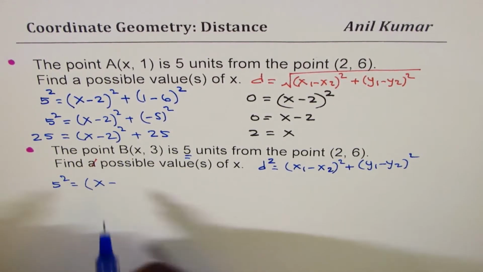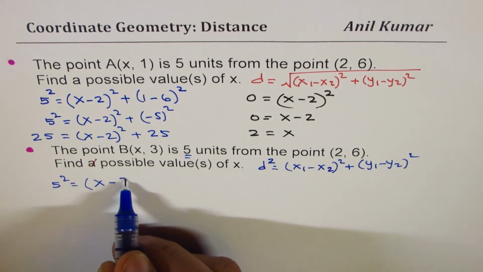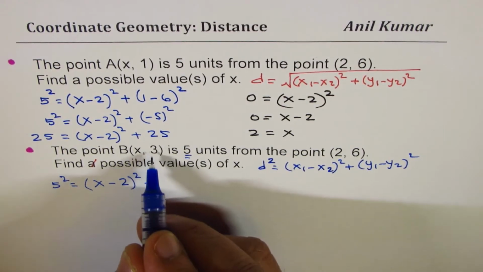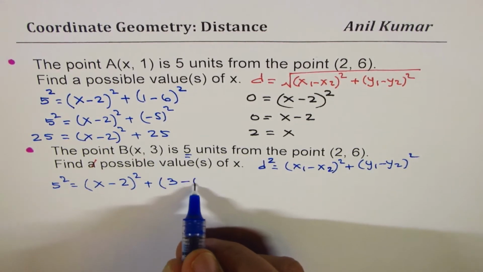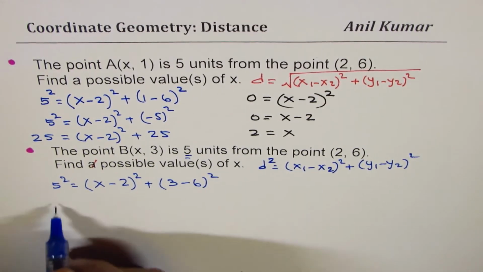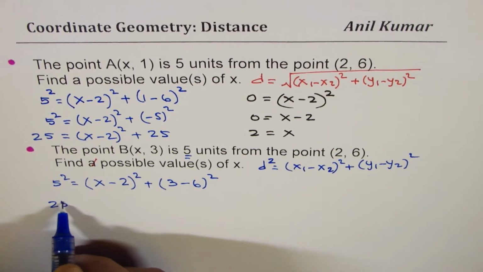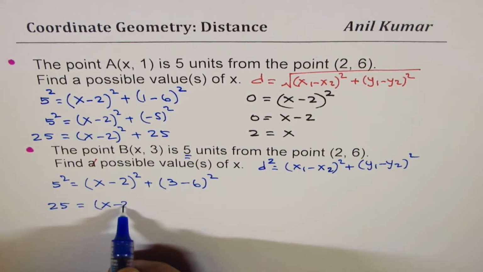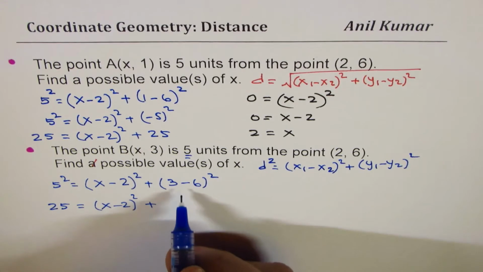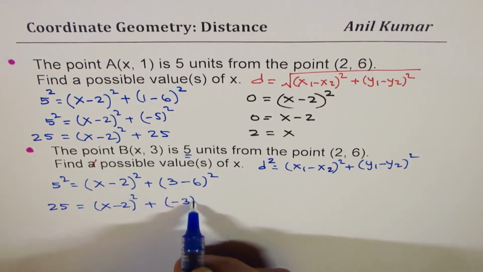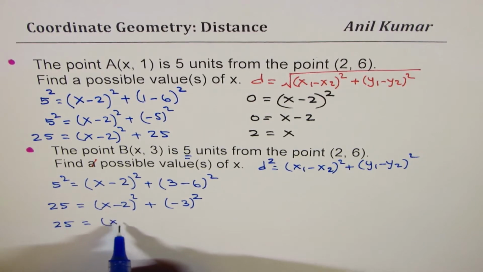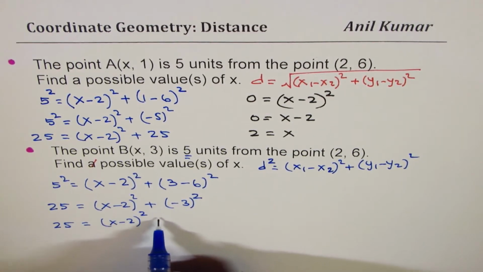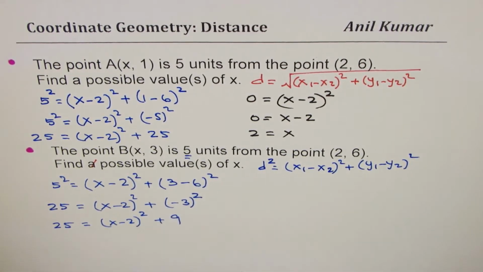And x minus x2, which is 2, whole square plus, this time the y value is different. It is 3 instead of 1, (3 minus 6) whole square. So 5 square is 25 equals (x minus 2) whole square plus, 3 minus 6 is minus 3, whole square. That gives us 25 equals (x minus 2) whole square plus 9.